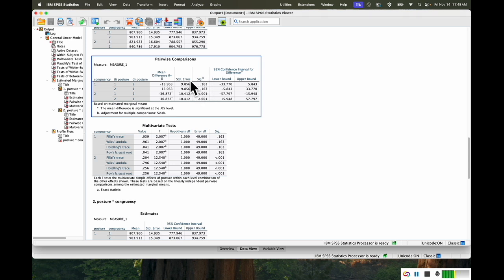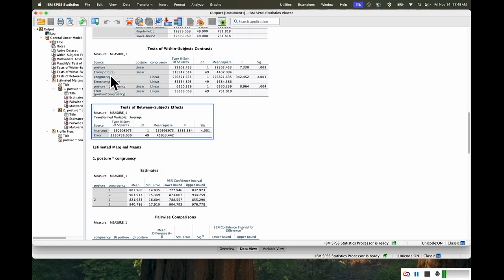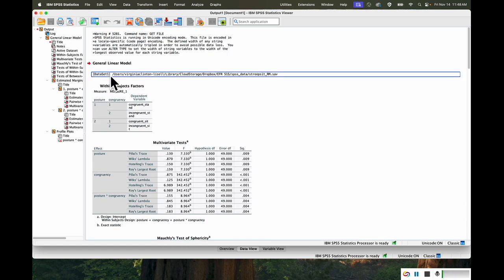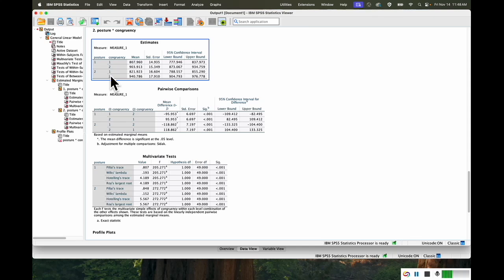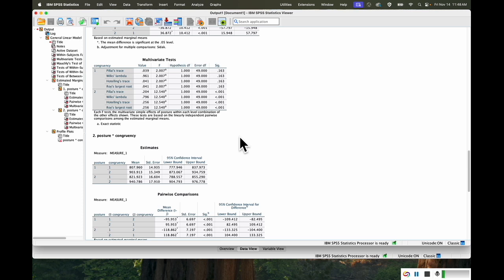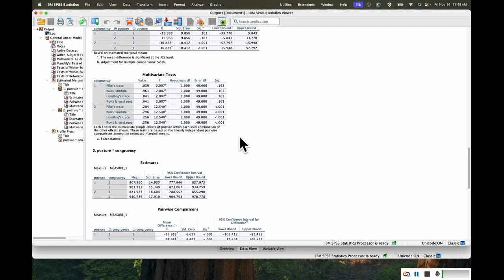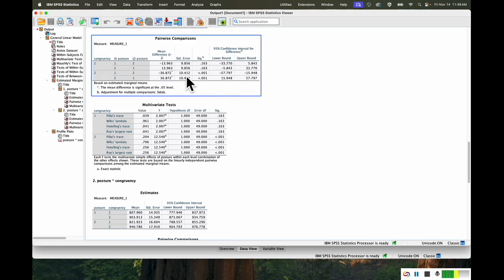This is not a significant difference. However, if we look at standing, which I believe is, nope, sitting, sorry, got those switched around. Honestly, I write this down to help me keep track of it. Then we can see that there is a significant difference there.